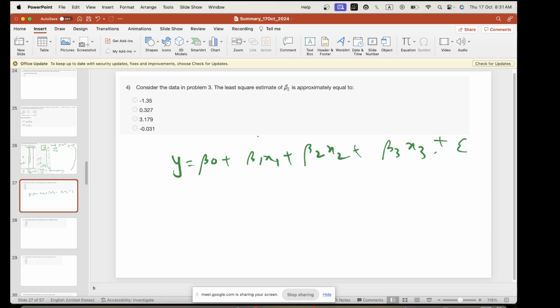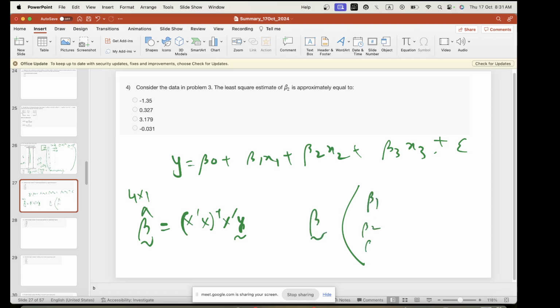So this beta hat, x prime x inverse x prime y, will be a 4 cross 1 vector. So this vector will have beta naught, beta 1, beta 2 and beta 3. So if I want the estimate of beta 2, I should look at the third element, not the second element.